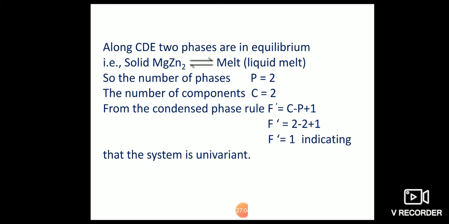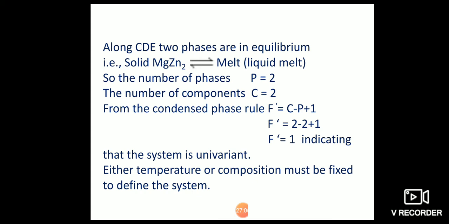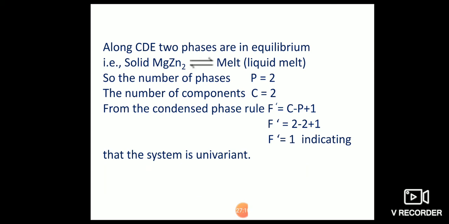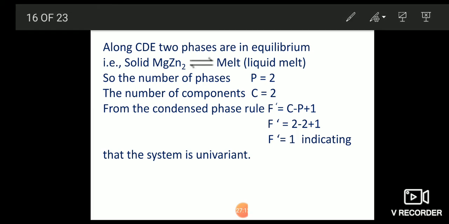Either temperature or composition must be fixed to define the system. That is, along CDE also the system is univariant. But what we have to remember, along CDE, solid MgZn2 is in equilibrium with melt. So this is about the three curves, AC, BE and CDE.